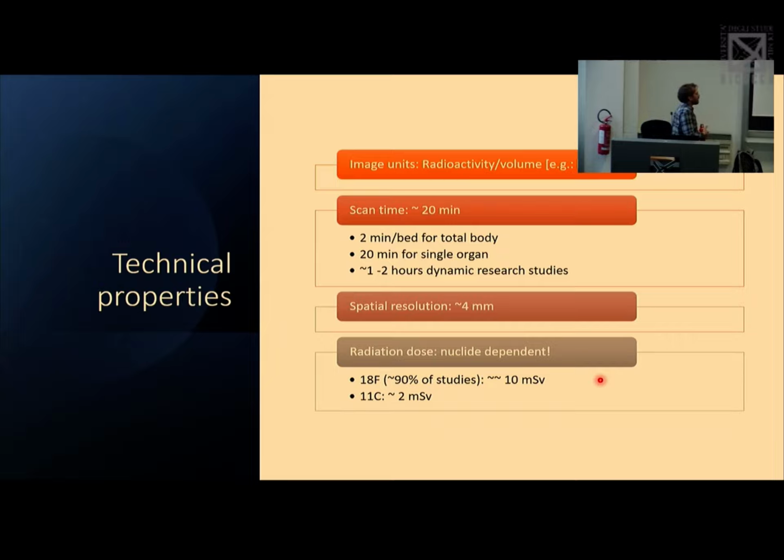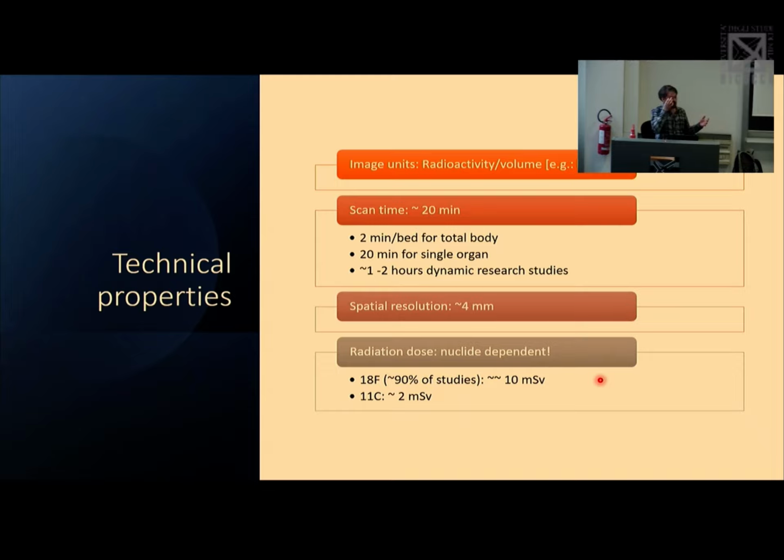Now, the scan time is about 20 minutes, even 40 in some cases. The PET scanner can see 15 centimeters, maybe 20 or 25 in the newest scanners, of the length of the body. If you want to do an oncology scan, going from just below the eyes to the knees, that's 1 meter and something, so you need 6 bed positions, 6 times 2 or 3 minutes.